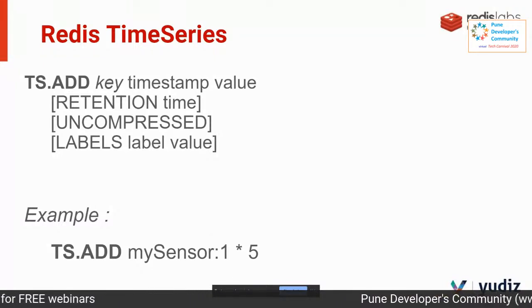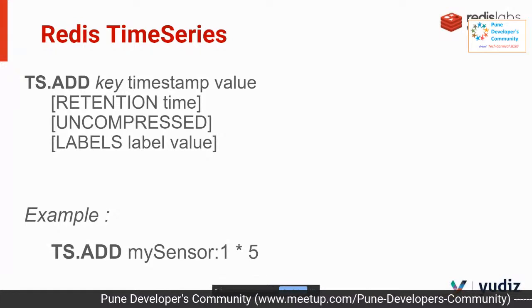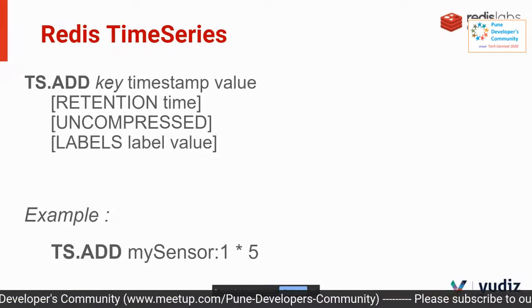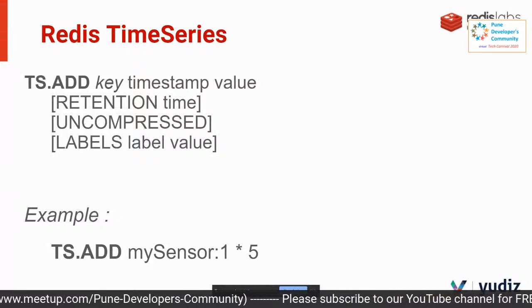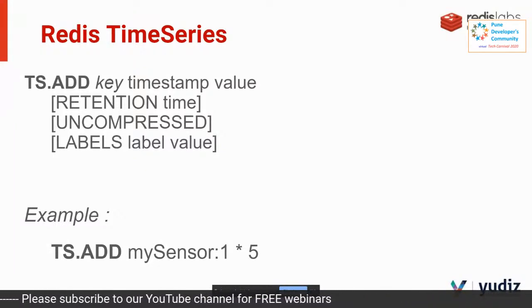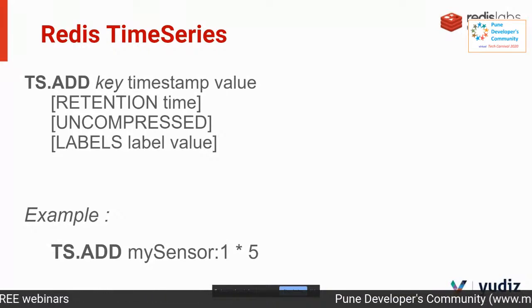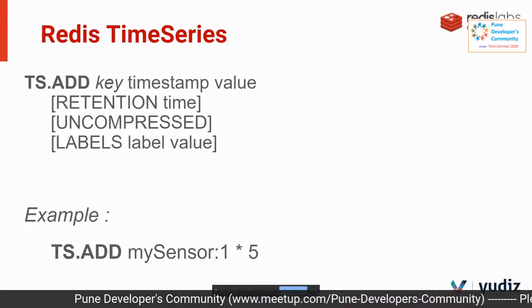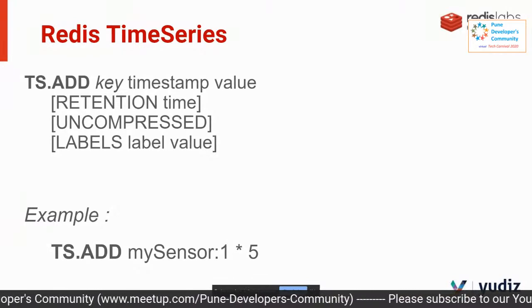The next command is ts.add. With ts.add we can add values to our time series key. Here we can provide a timestamp, which can be any custom timestamp, and a value. We can also provide retention time here, the same as the ts.create options.